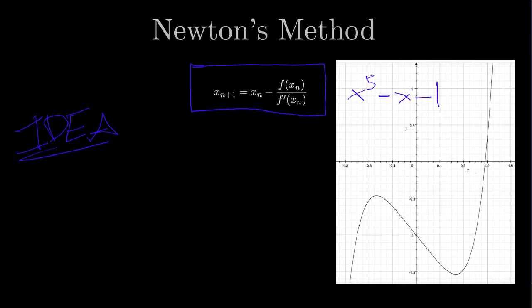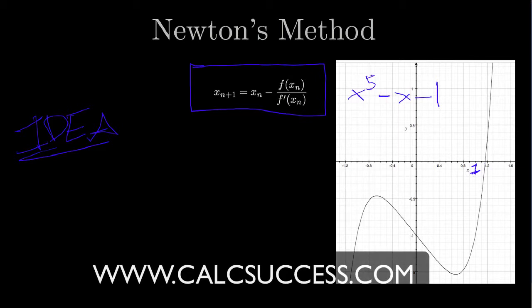You pick a point, a guess point. So let's say for example, we're going to use an easy one, x equals 1. Now the closer you are to the actual point, the better, but of course if you have no idea, because maybe you don't have a picture or something, then any point would be appropriate.